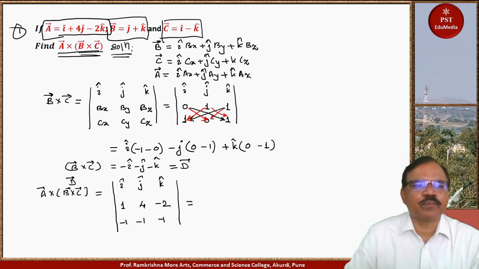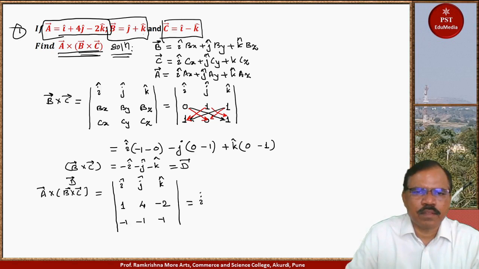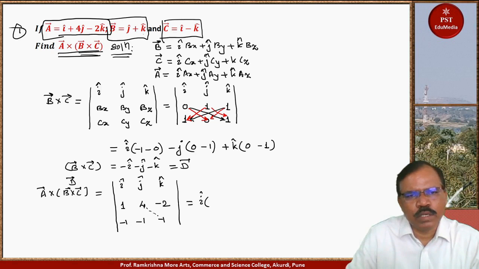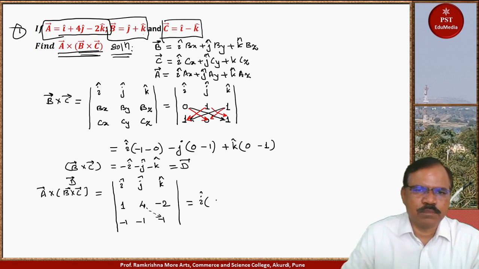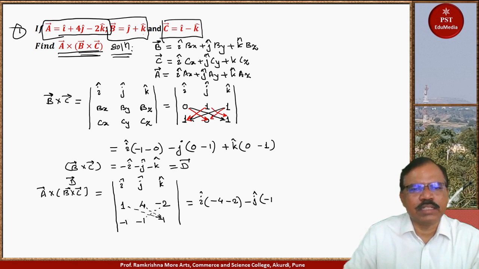Now solve this. So I multiplied by 4 into minus 1, that is minus 4, minus 2 into minus 1, that is plus 2, means minus 2. Now minus j. Now here 1 into minus 1, that is minus 1, minus 2 into minus 1, that is 2, so it is minus 2, plus k.